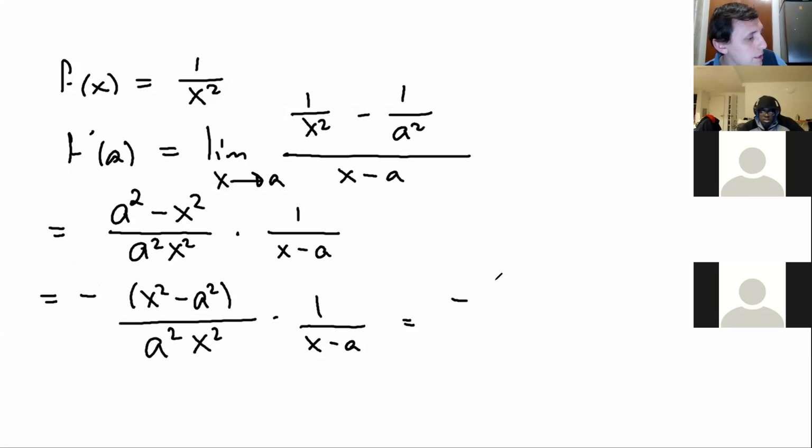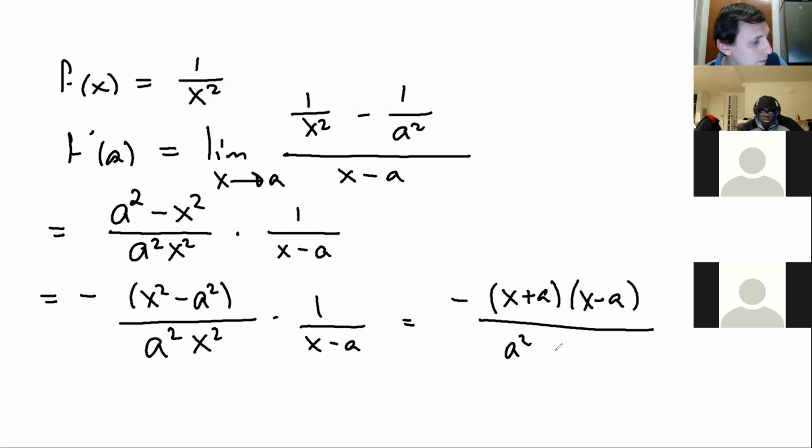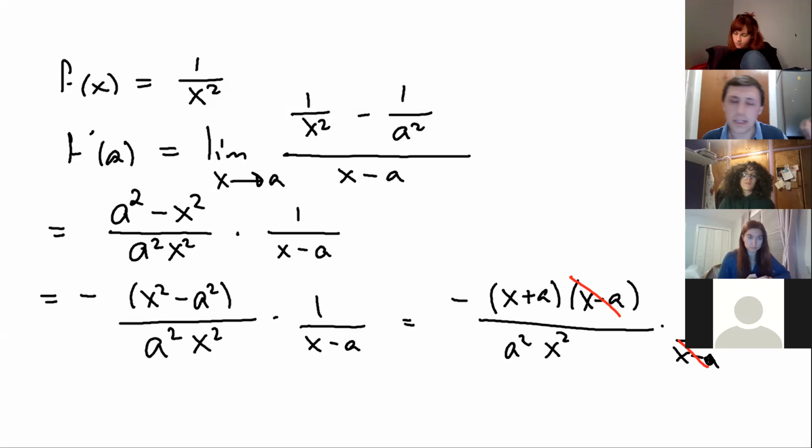I can write it as minus x plus a, x minus a, divided by a squared x squared times 1 over x minus a. Now I am able to cross away x minus a and take the limit. You see, I didn't write the limit, I kind of omitted it, but you understand.